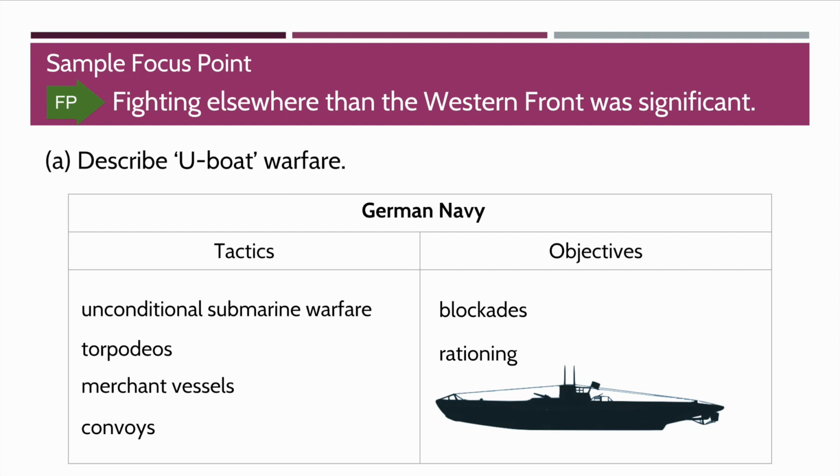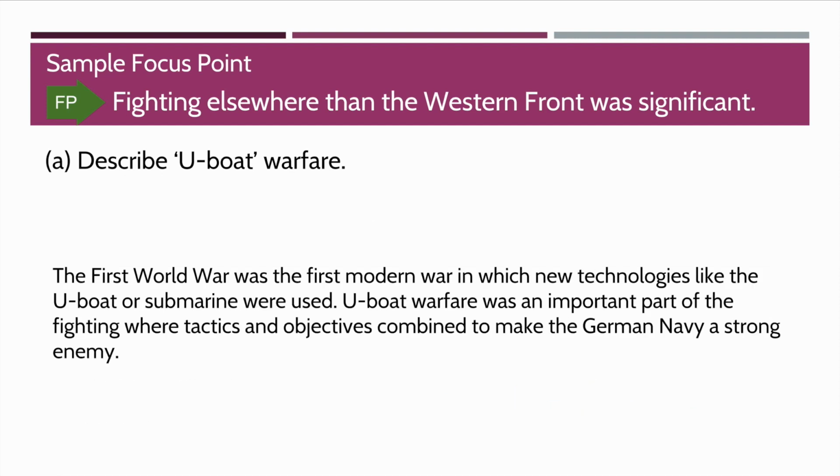Let's start once again with the introduction. The First World War was the first modern war in which new technologies like the U-boat or submarine were used. This, of course, is our background information to allow the reader to understand where we're coming from and what we're going to talk about.